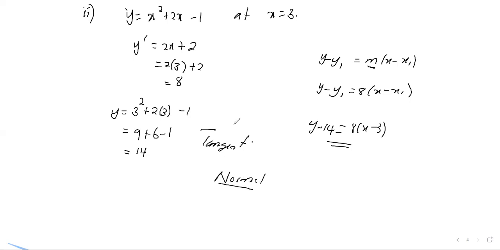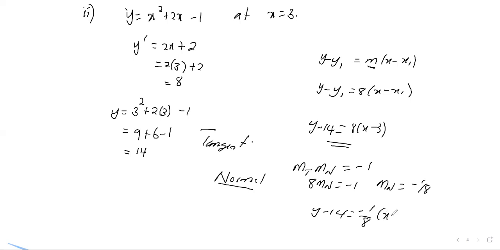If they asked for the normal here, we would say m tangent times m normal is equal to -1. Since m tangent is 8, we would have found m normal to be -1/8. Everything else would have been fixed, so we would have said y minus 14 is equal to -1/8 times x minus 3.